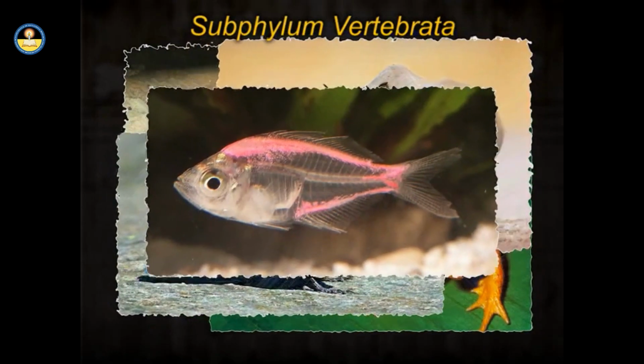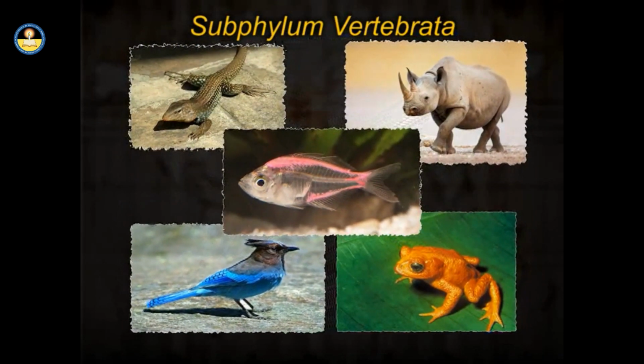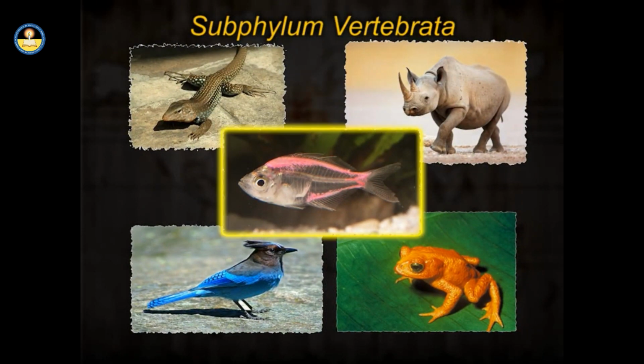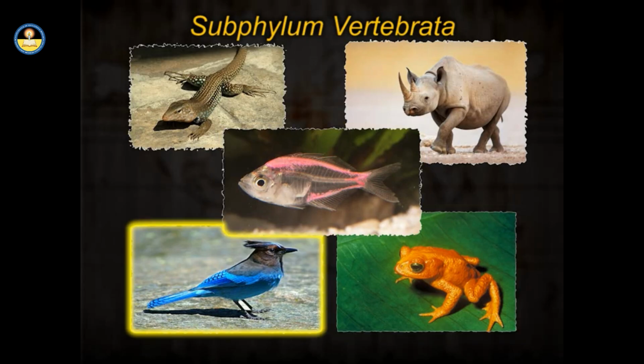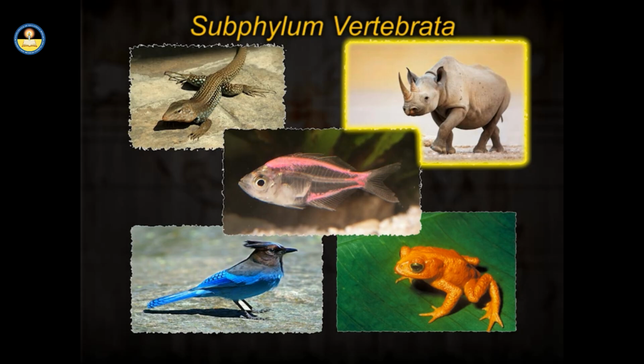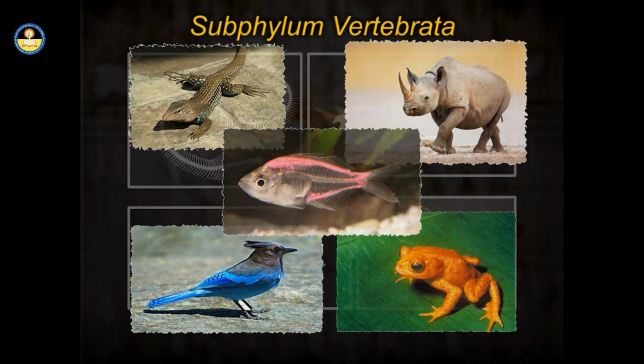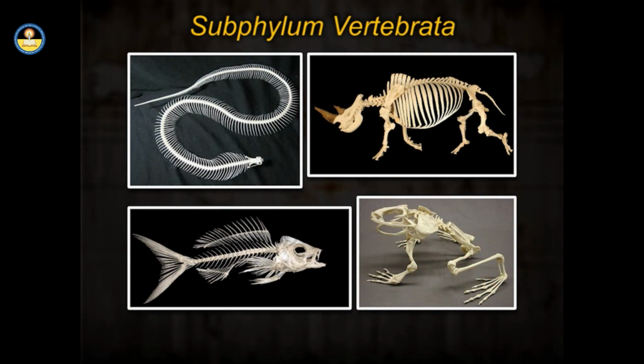Subphylum Vertebrata. Vertebrates, which include fishes, reptiles, amphibians, birds and mammals, share a common feature of vertebral column. A chain of bony elements, that is vertebrae, runs along the dorsal surface from head to tail and forms the main skeletal axis of the body.